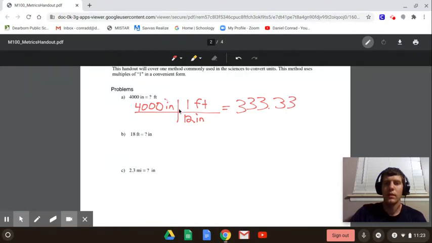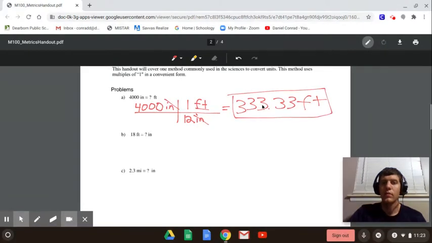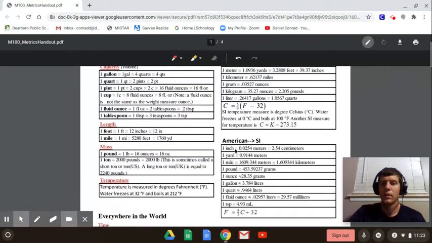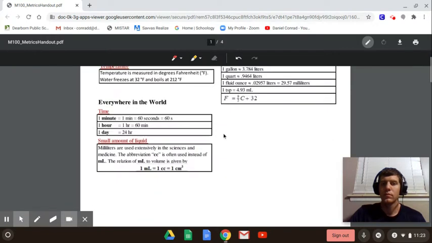Again, the inches cancel here, so you're left with feet. So 333.33 feet is 4,000 inches. And if you don't know how many inches are in a foot, we have a conversion chart up here. So here are your inches right here. 1 foot is 12 inches.